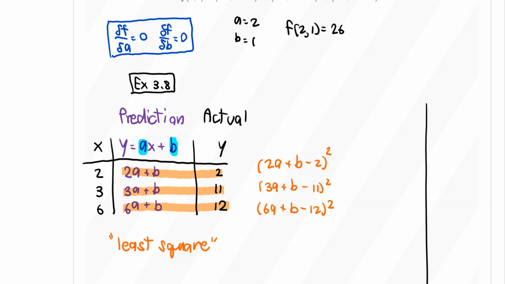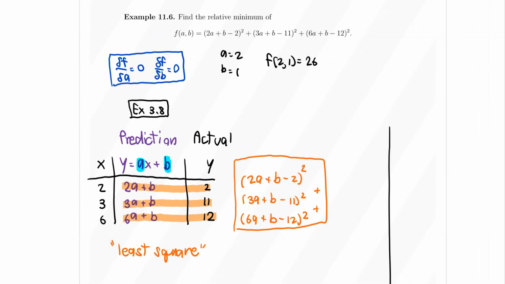If my prediction is good, then the sum of these three numbers should be as small as possible. In other words, I would like the square of the difference between the prediction and the actual value of y to be small. And if you look at the orange term that we have here, this is actually the same as the function that we were trying to minimize earlier.